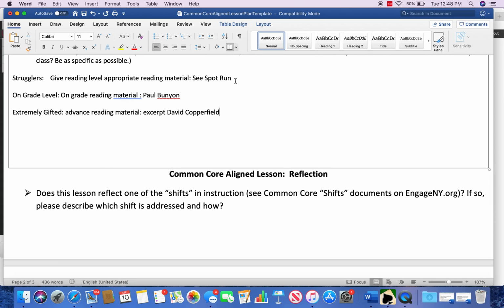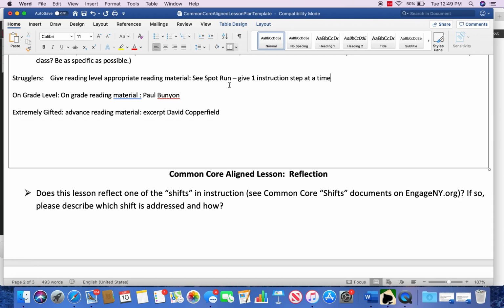Now you can also add in that you will walk around. In this case, you might give one instruction step at a time.